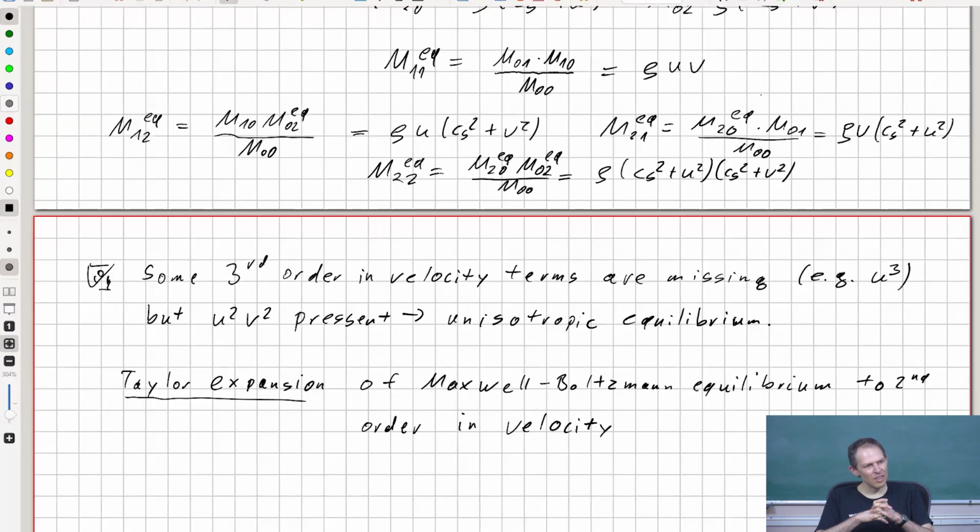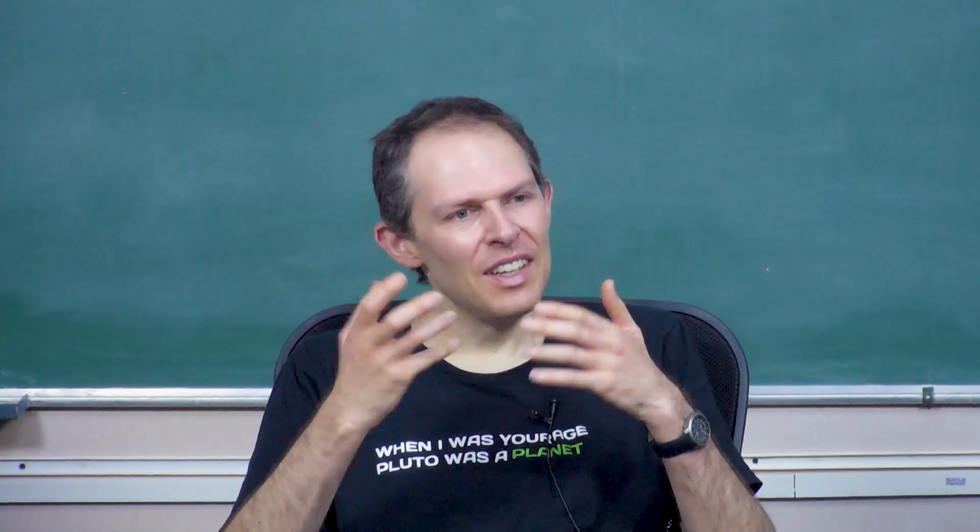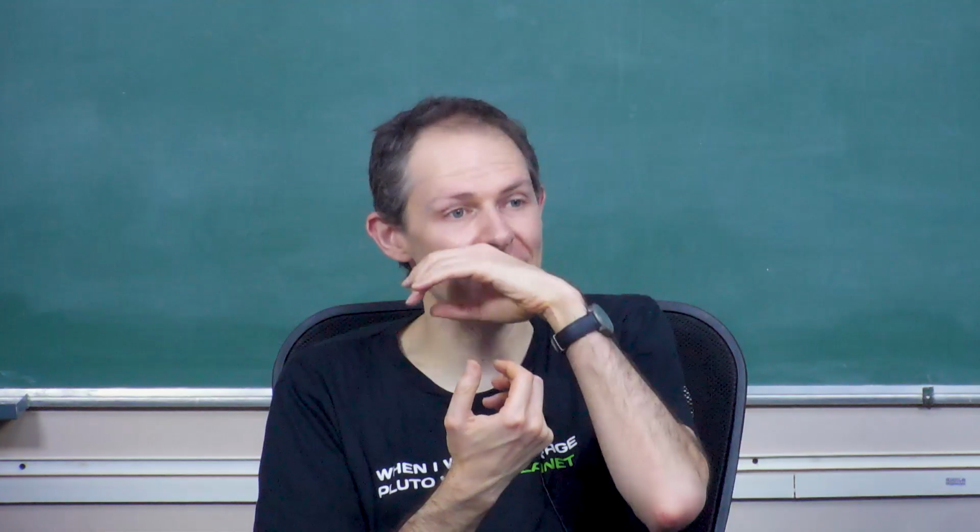So when will it be an isotropic equilibrium in this case? The Taylor expansion equilibrium is isotropic. You can rotate your coordinate system and the same equilibrium turns out.